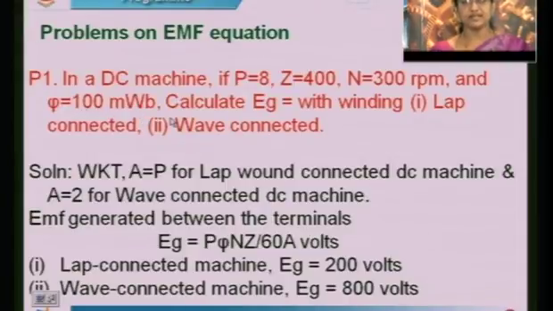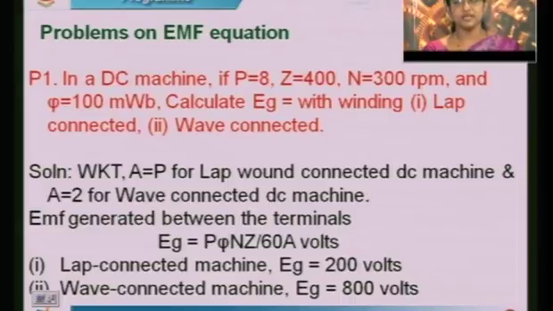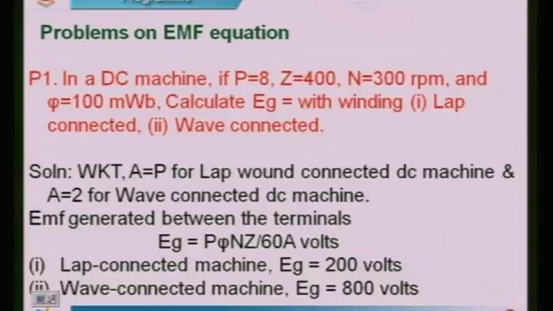Then calculate Eg, first with lap connected and then with wave connected. Whenever you are considering problems, first you read the problem thoroughly, then you collect the data given, and you see what you have to calculate properly. Okay. So, now we will collect the data given in the problem.